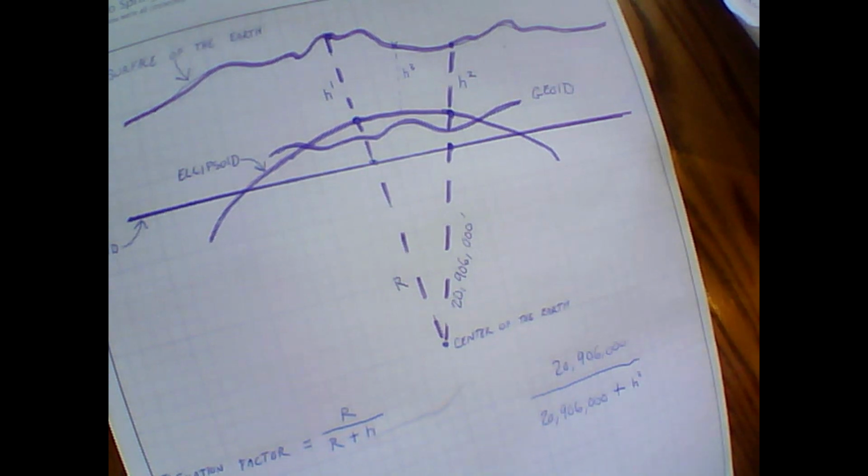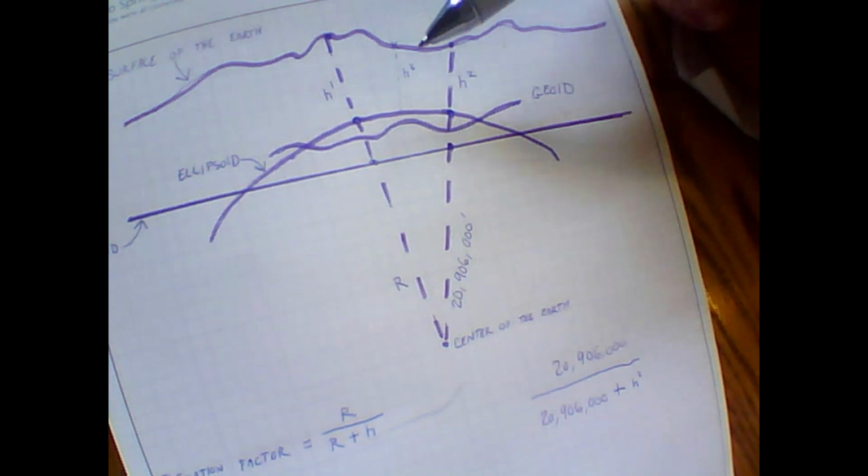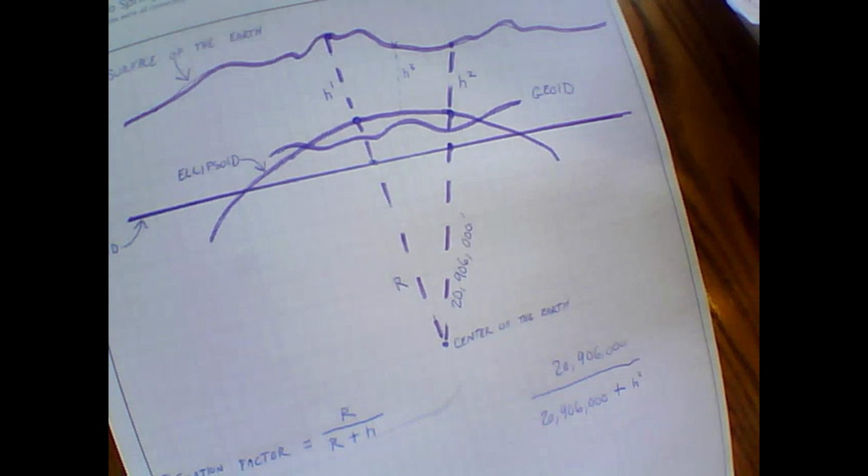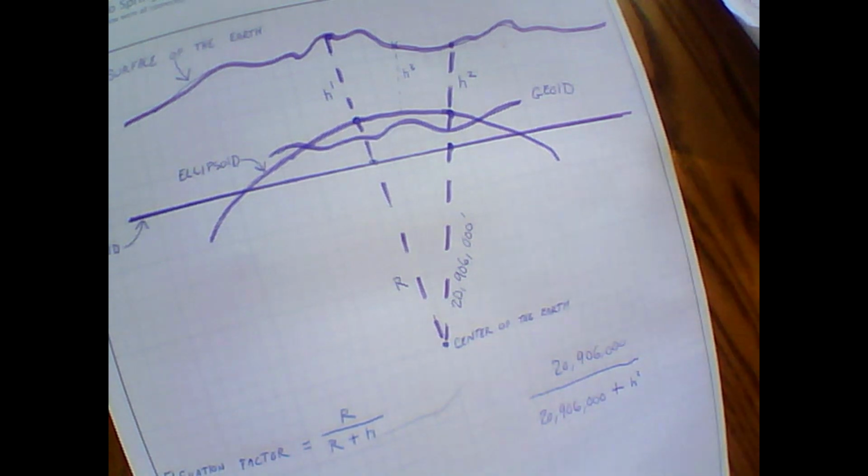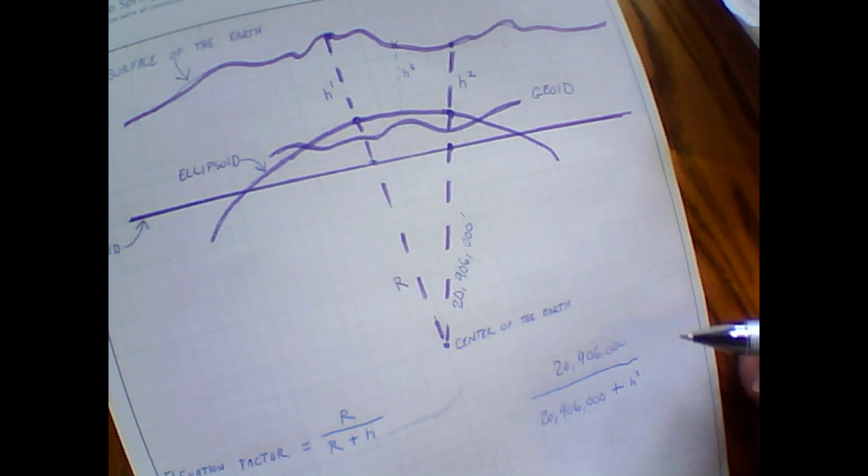What that's really going to do, let's say your average is 5280. I'm in Colorado, so I'm used to the big numbers. Your average ellipsoid height, we'll call it 1 mile, 5280. So that's going to be 20,906 plus 5280. Divide that by that, and you're going to come up with a number.